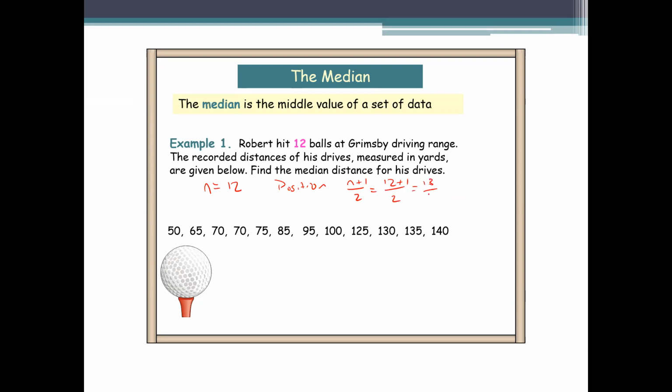What's 13 divided by 2? 6.5. So the median occurs in position 6.5. Here's position 1, 2, 3, 4, 5, here's position 6, here's position 7. So the median must be right here.